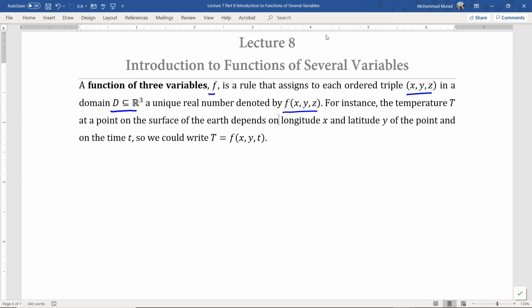For instance, the temperature T at a point on the surface of the Earth depends on the longitude x and latitude y of the point and on the time t. So we could write T equal to the function f of x, y, t.